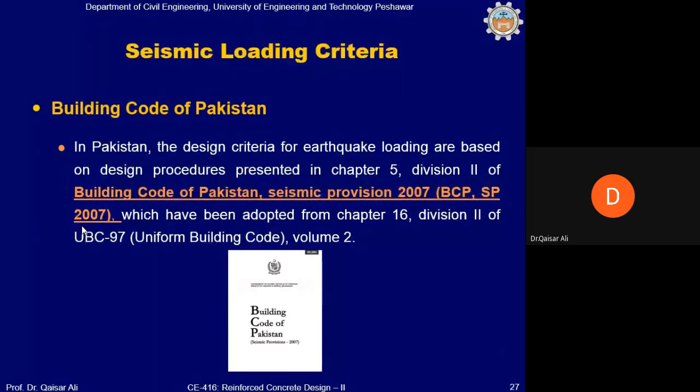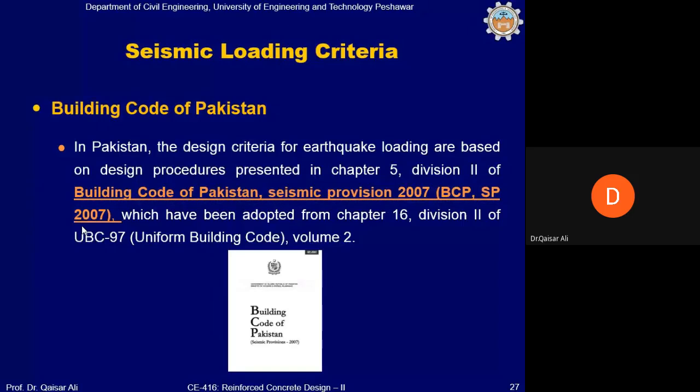However, in most recent codes, the Uniform Building Code 1997 is not supported. UBC 97 does not exist as a code now, and it has been replaced by IBC, the International Building Code. However, the design parameters, especially the seismic design parameters required in the International Building Code, IBC, are not available in Pakistan.